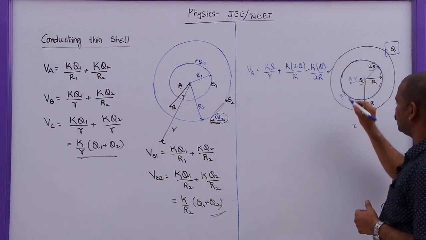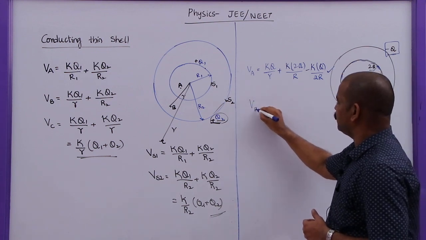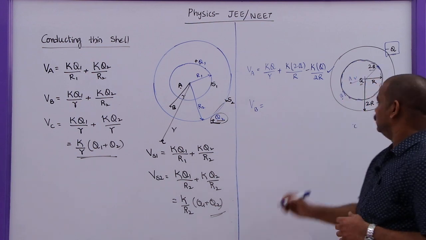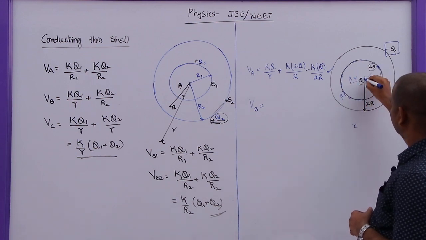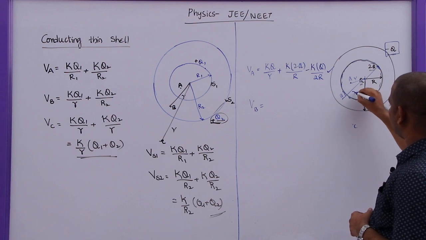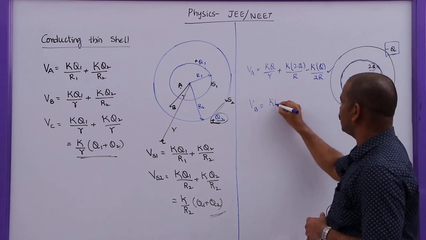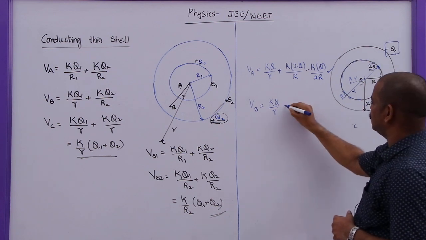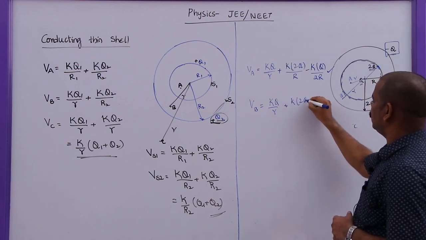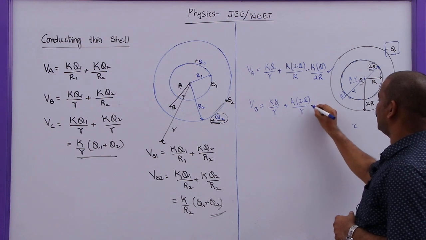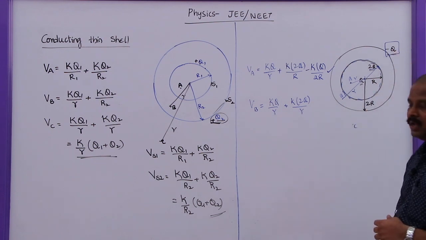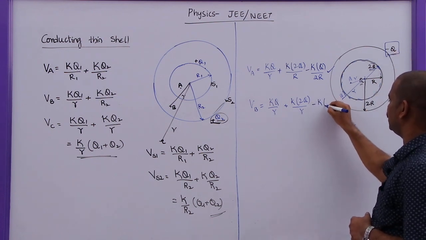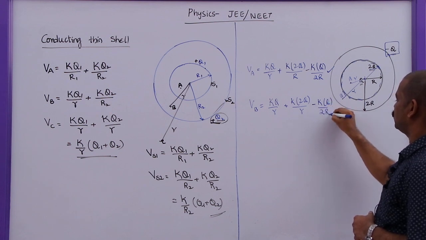Now what is the potential at point B? The potential at point B is given by, first of all, due to this point charge at a distance R, let me take it as KQ by R, and due to this 2Q charge, K 2Q by the distance R, and due to this negative charge on the surface, this is minus KQ by 2R.